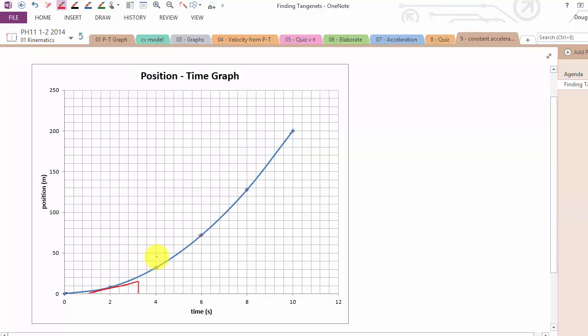So maybe call that V2. I call it 2 because it is at time equals 2 seconds.